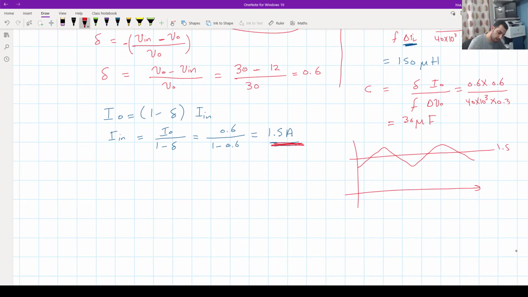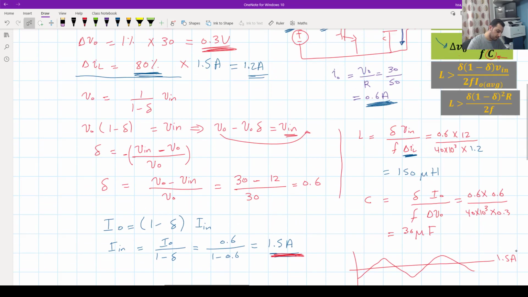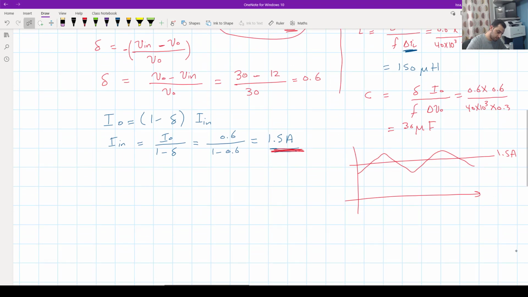This is 1.5 ampere. So 1.5 ampere, we have the ripple. The ripple is 1.2 ampere. So here we have the ripple. So let's write it here, 1.2 ampere. So that ripple, if we divide it by 2, 0.6 will be up. Okay, so let's now draw it here, 0.6 ampere here and 0.6 ampere down.